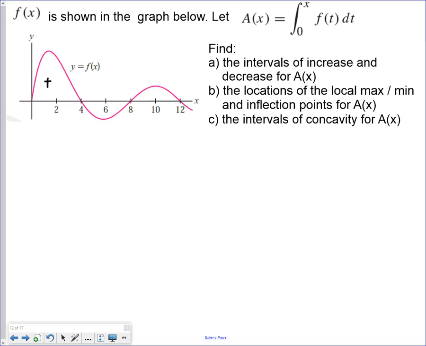And we're going to keep accumulating positive area until we get up to x equals 4 here. And once we get to x equals 4, because f at x becomes negative, we're going to start accumulating negative area. So if we interpret A at x as the area accumulated, we know it's going to be increasing on this interval from 0 to 4.